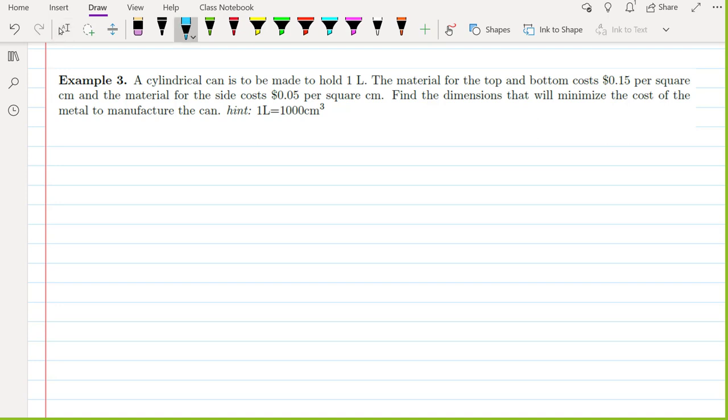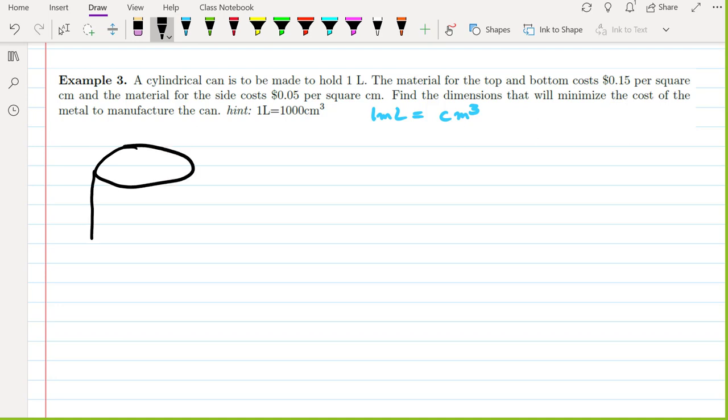And that's because in the MKS system, we have that 1 milliliter is the same as 1 cubic centimeter. And there are 1,000 milliliters in 1 liter. All right, so let's draw a picture. So our goal is we want to make a can.